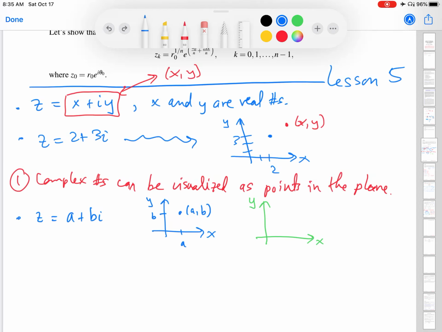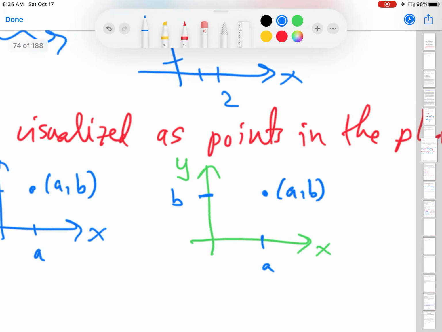So if I have the same exact point, a comma b, there's a and there's b. Okay, I'm going to zoom in here.